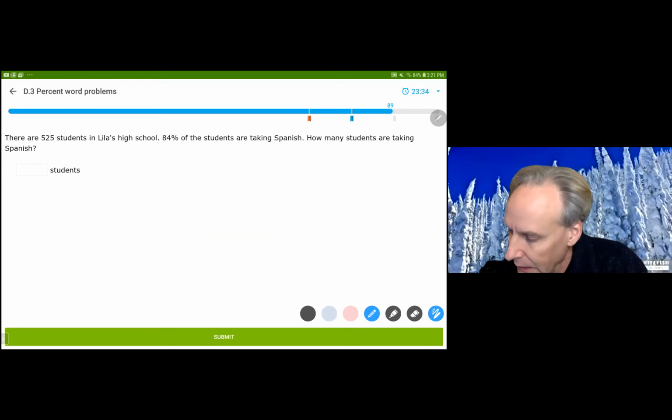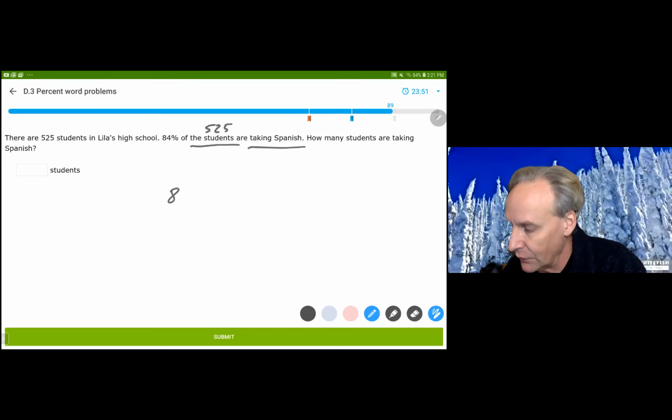Okay, so 525 students, 84% are taking Spanish. How many students are taking Spanish? So of the students, well, the students is 525. So we're going to take 84% of 525.